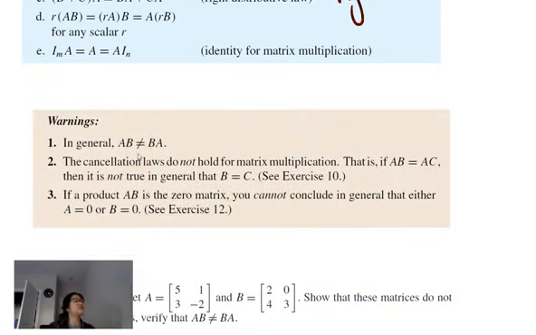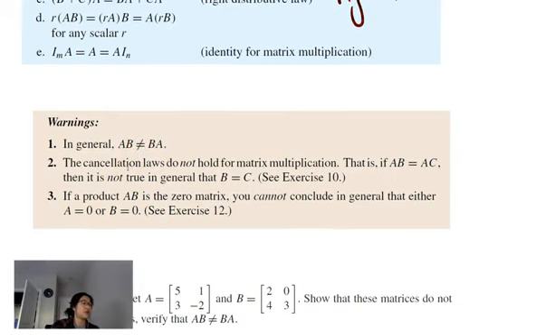So in general, we don't have commutativity for multiplication. We can't say that if AB equals AC, that implies that B equals C. You're going to work on that in your problem set. And you also don't have the zero product property.